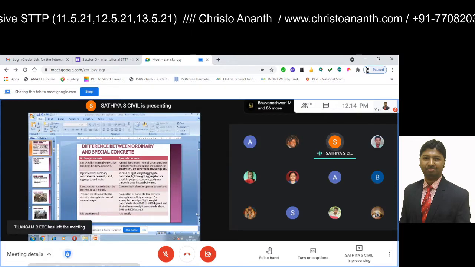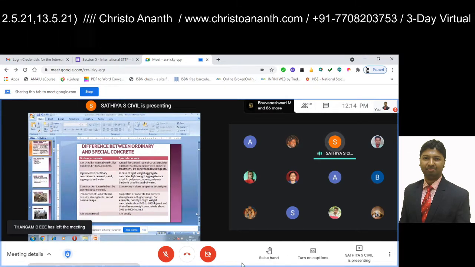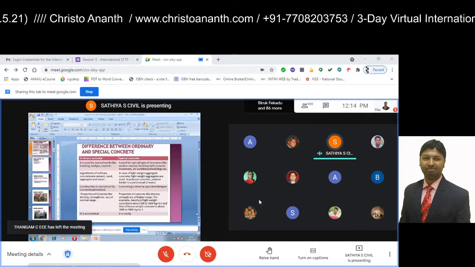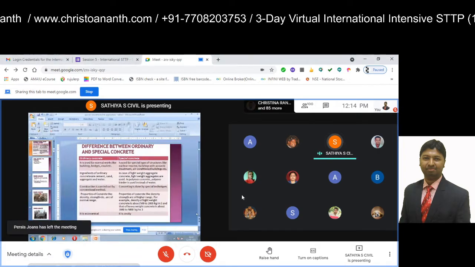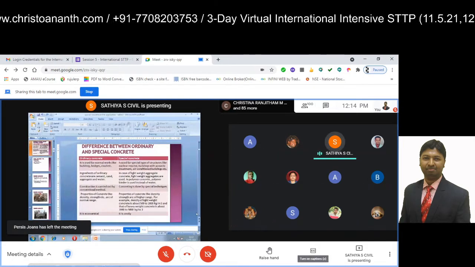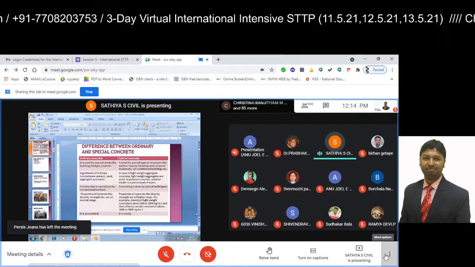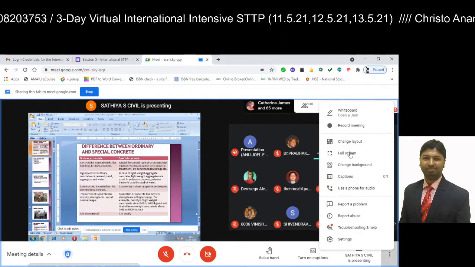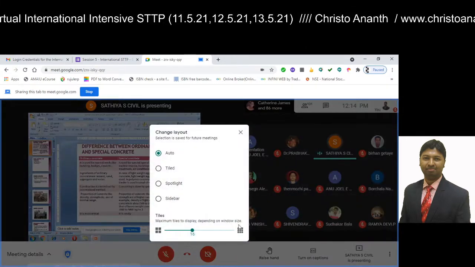In special concrete, the properties like density and strength are of higher range. For example, the density of lightweight concrete is about 500 to 2000 kg per meter cube and that of heavyweight concrete is about 3000 to 5000 kg per meter cube. Ordinary concrete is very economical, but special concrete is very costly.